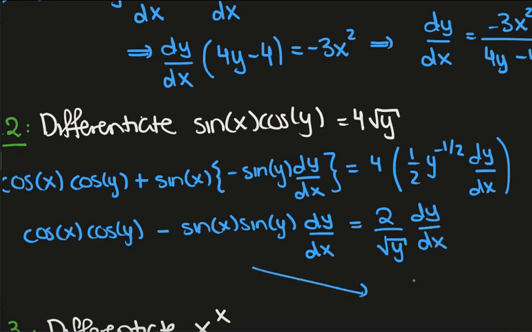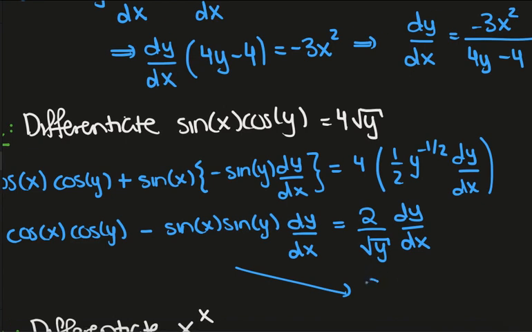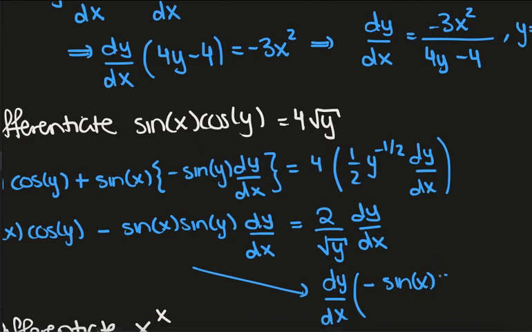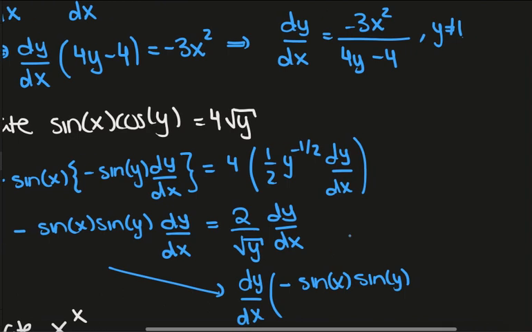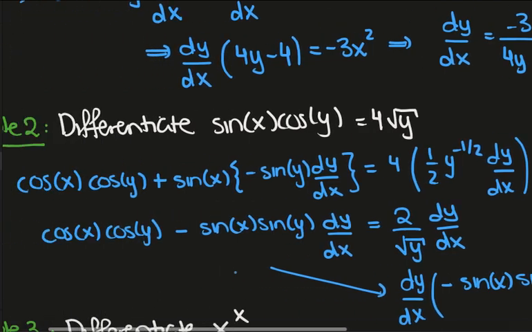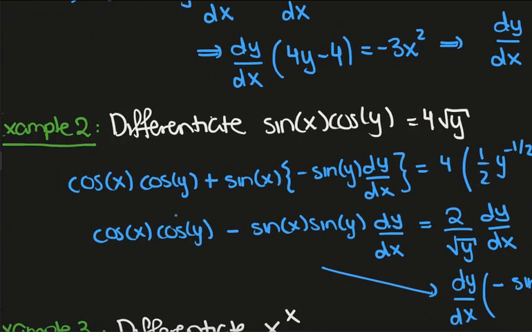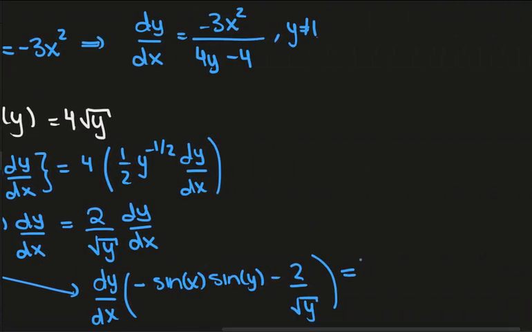And as before, we simply collect the dy dx terms onto one side. So I'll have minus sine x sine y, then I'll have a minus 2 on square root of y. And put all the non-dy dx terms onto the right hand side. I'll get minus cos x cos y.